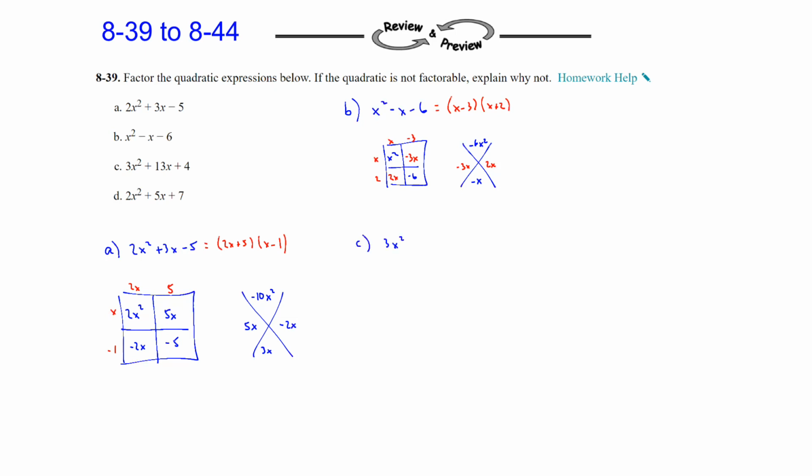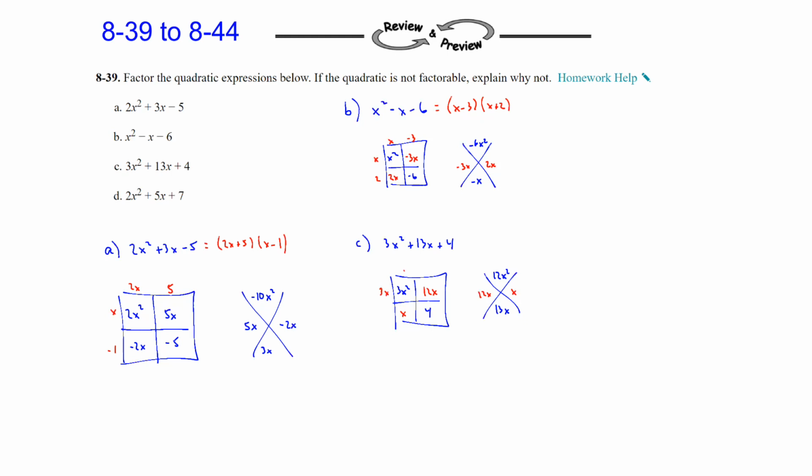C. 3x squared plus 13x plus 4. So 3x squared and positive 4. We need to multiply to get 12x squared and add to get 13x. That would be 12x and x. Place those in the generic rectangle, and once again, figure out the side lengths.